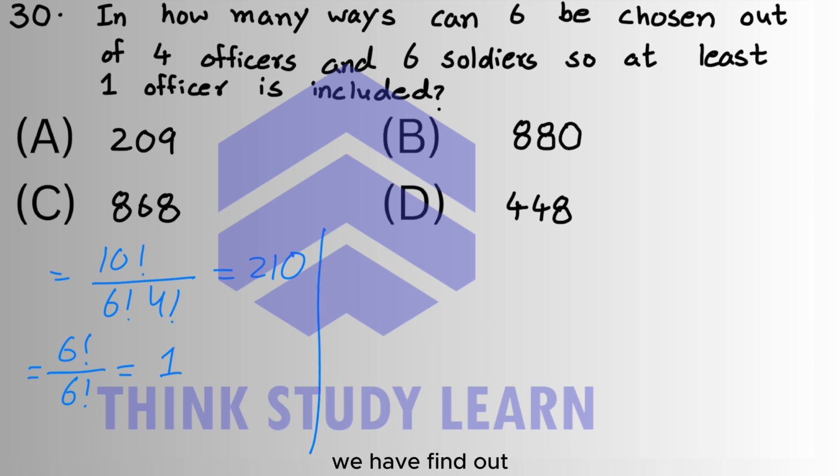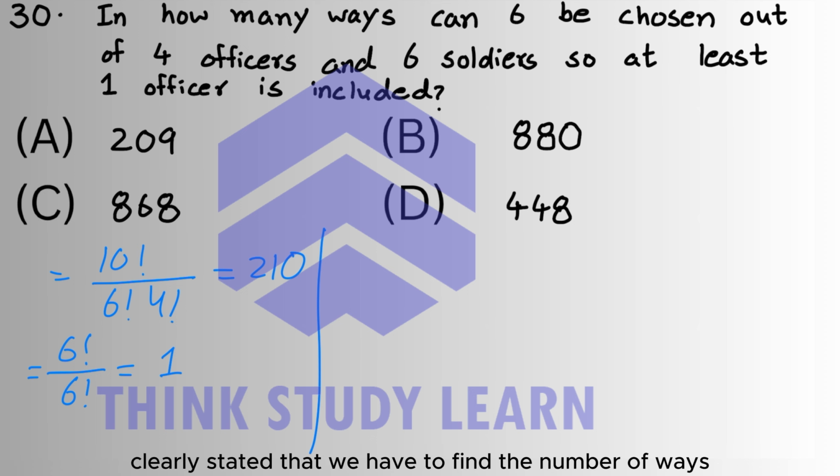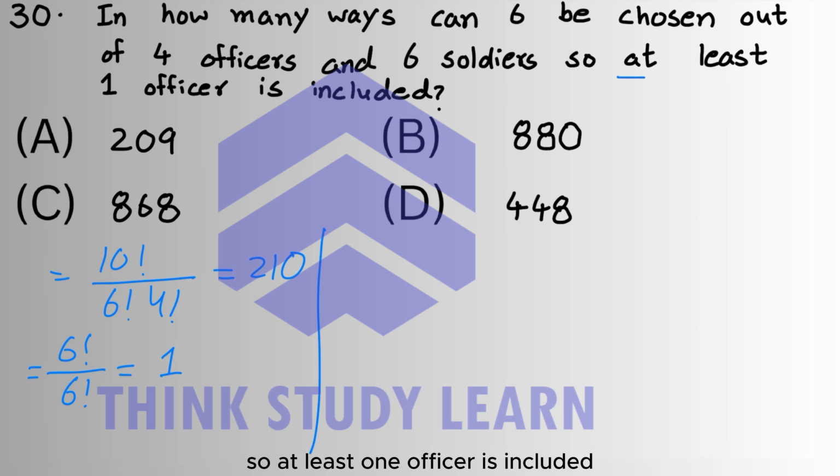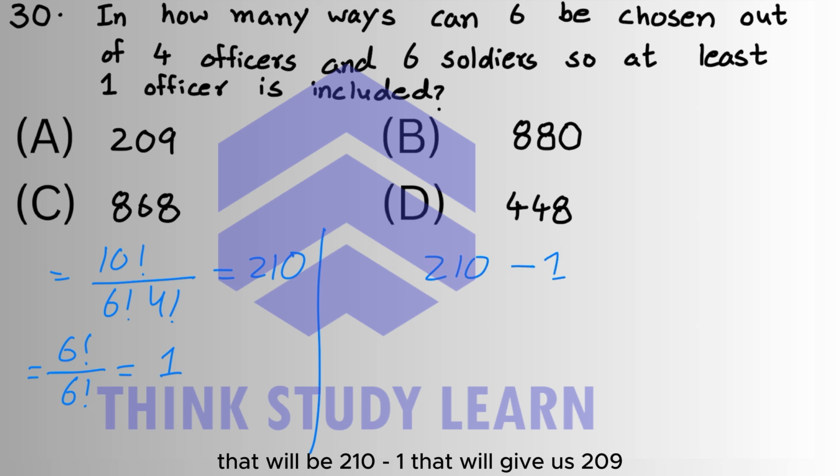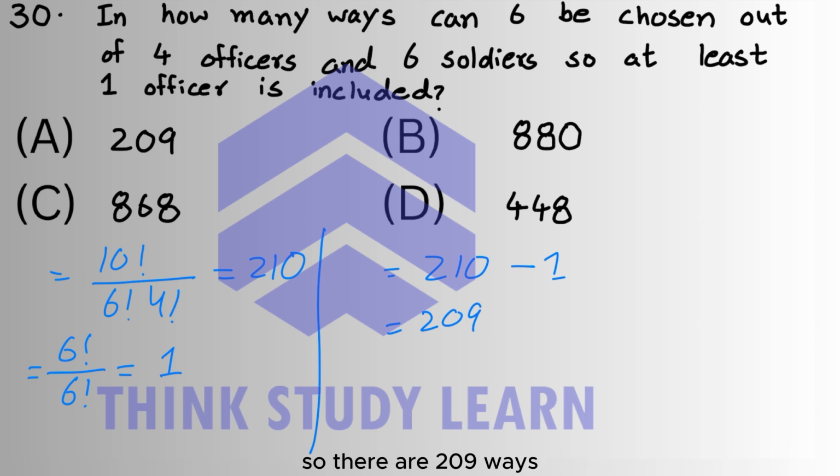But in the question it is clearly stated that we have to find the number of ways so that at least one officer is included. So we will simply subtract the number of ways to choose 6 people with no officer from the total number of ways, that will be 210 - 1, which gives us 209. So there are 209 ways if at least one officer is included.